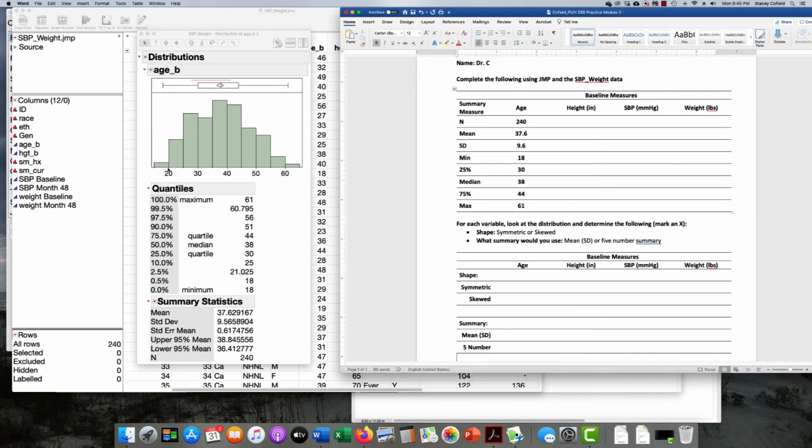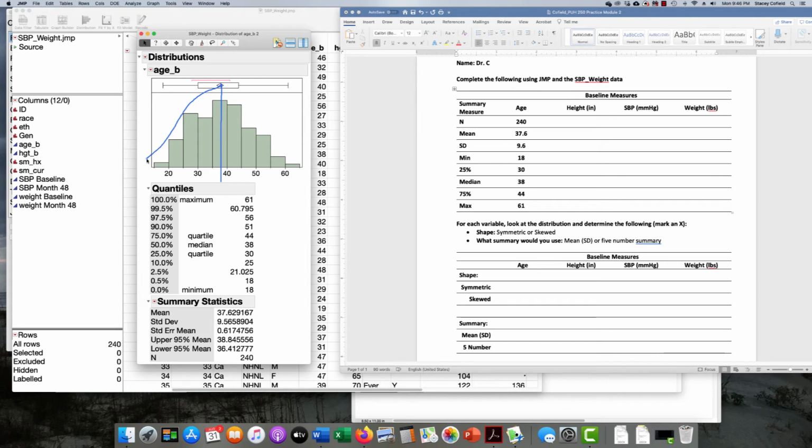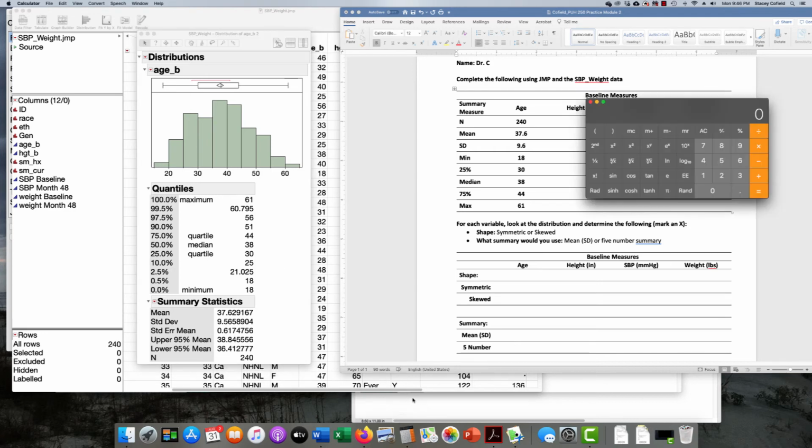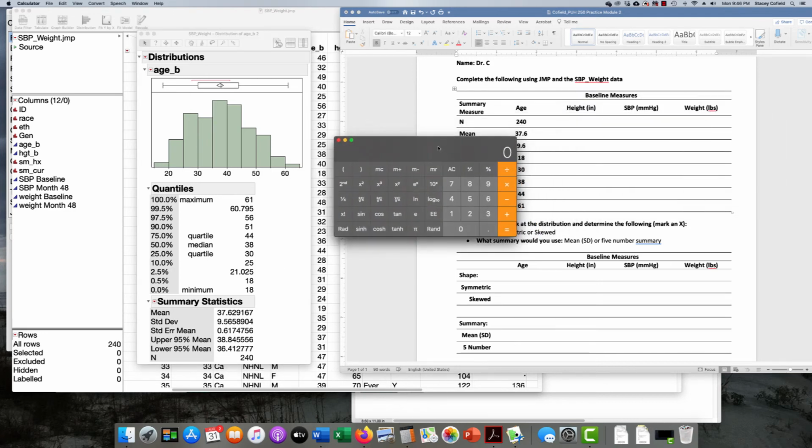So in looking at age, we can see here, as we've already discussed, that our mean value is about 37, just shy of 38, so that would be right about here. And we can see there with our imaginary mean line that roughly the same amount of data is to the left and to the right of that mean value. You can also see that the difference between 61 and 38, if I get my calculator out here, is 23 years.